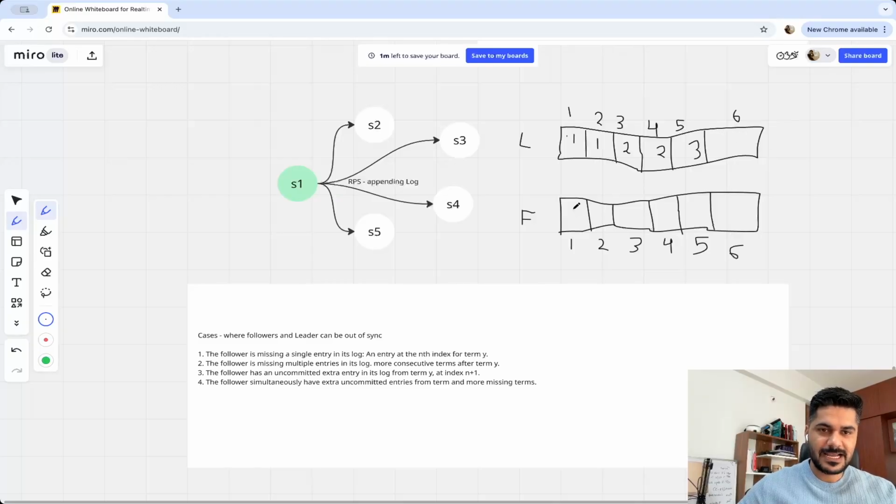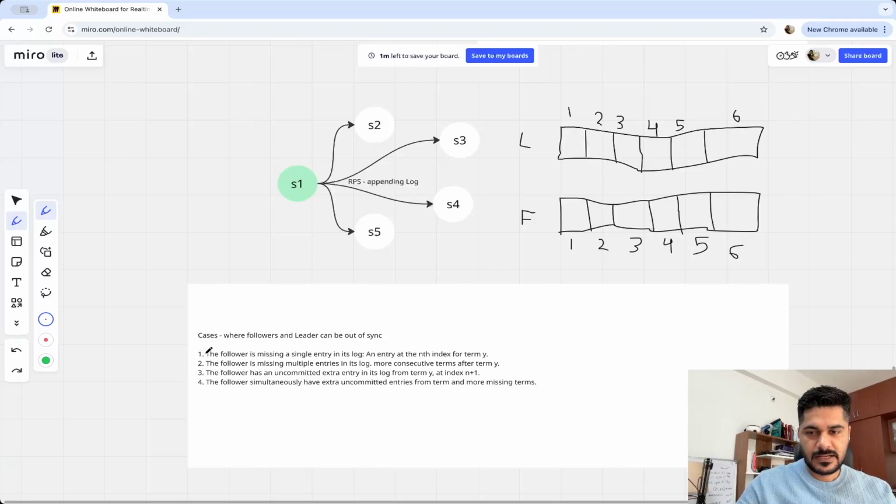So exactly the same thing should be here. This is the path where there are no discrepancies between your follower and the leader. Everything is in sync. Now, what exactly happens in the real-world scenario?